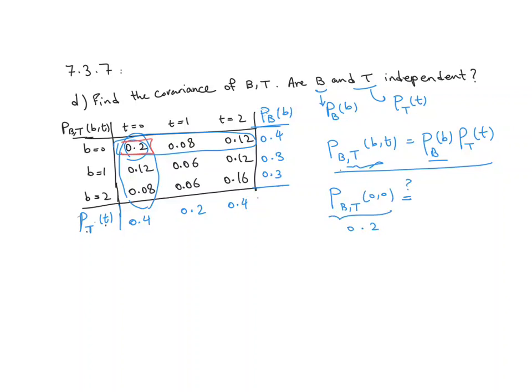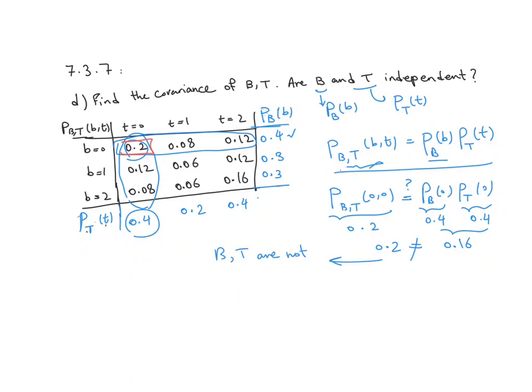Is it equal to the probability of B at 0 times the probability of T at 0? The probability of B at 0 is 0.4, and the probability of T at 0 is 0.4. Multiplied together, it's 0.16. That is not equal to 0.2. So B and T are not independent.